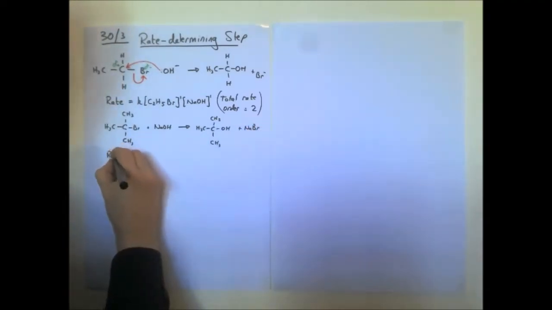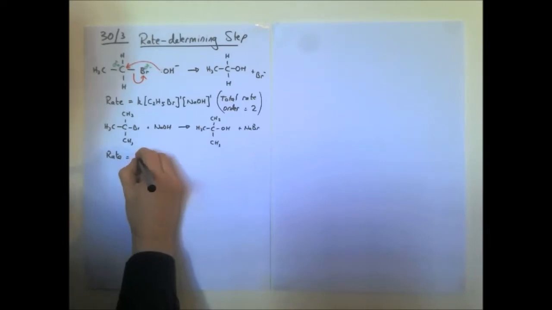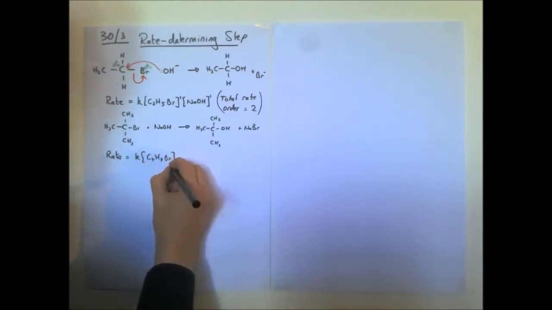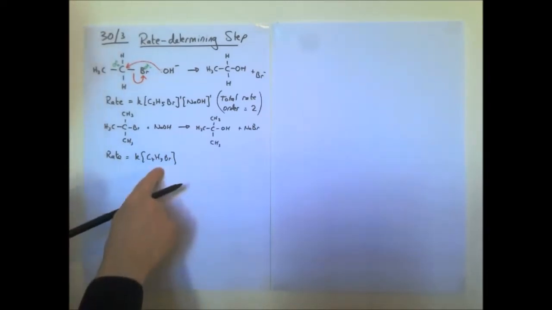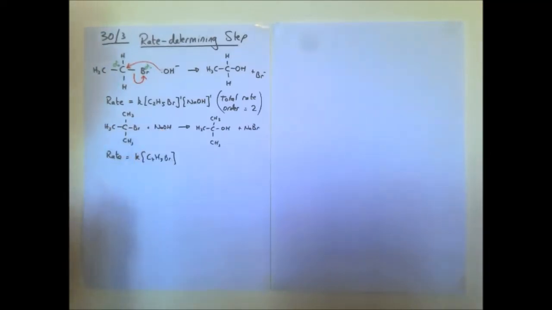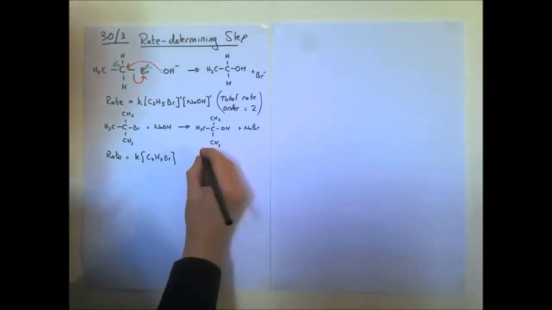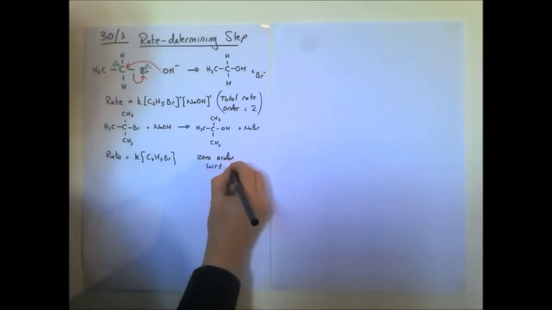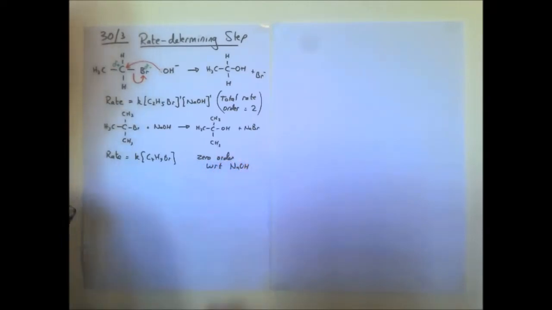And then I look at the rate data for that reaction. C4H9 will have to do there. It's first order with respect to the alkyl bromide, but sodium hydroxide doesn't turn up in the rate equation. Or another way of saying it is that it's zero order with respect to sodium hydroxide.